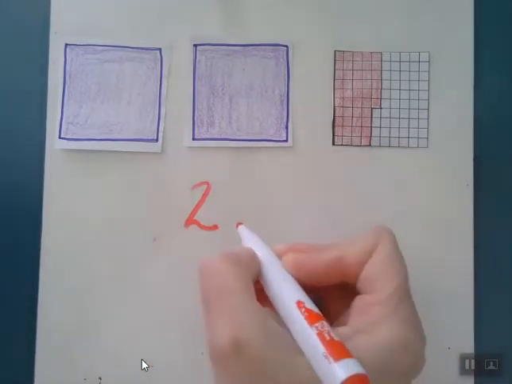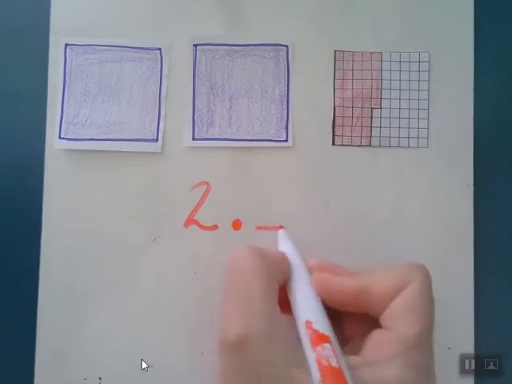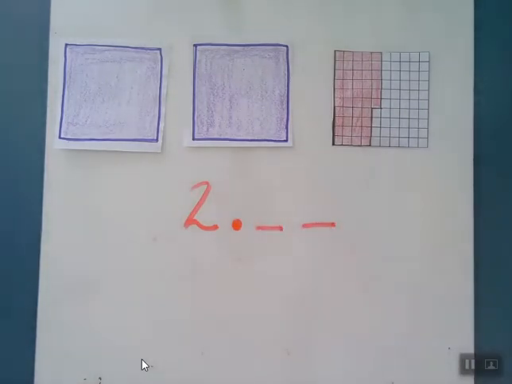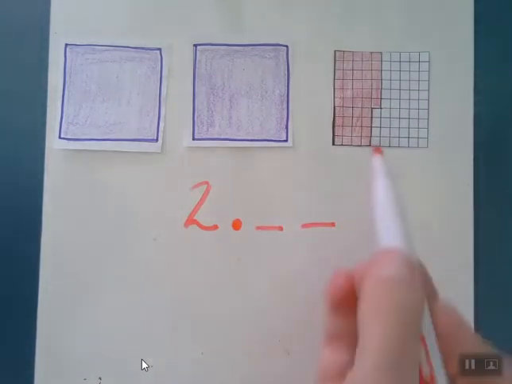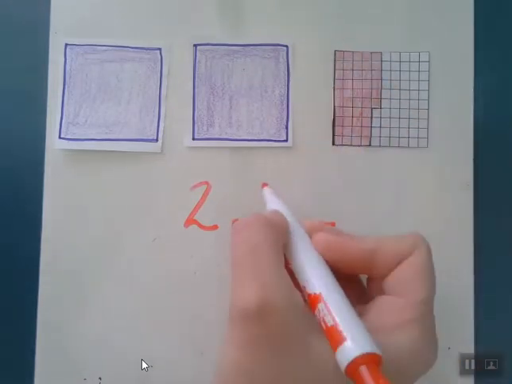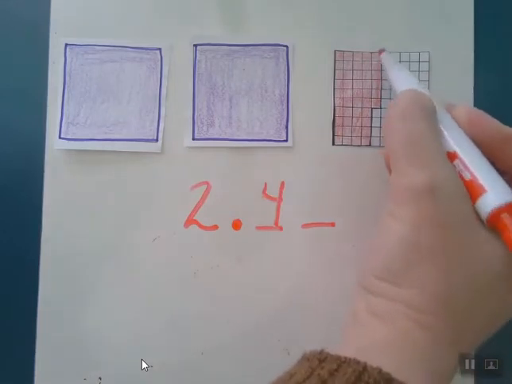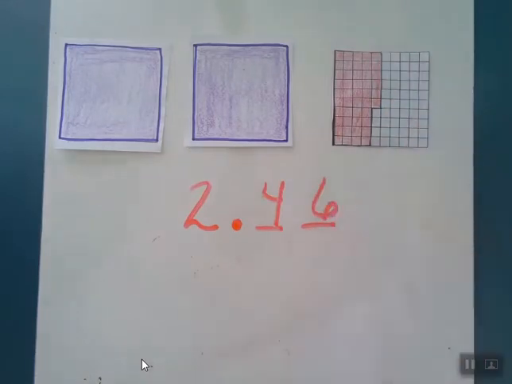I know I'm going to have part of a whole, a decimal. My model shows me hundredths, so I need 2 digits beyond my decimal. I count 1, 2, 3, 4 complete rows of tenths, and then 1, 2, 3, 4, 5, 6 hundredths to give me 2 and 46 hundredths.